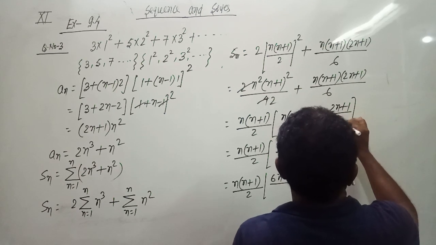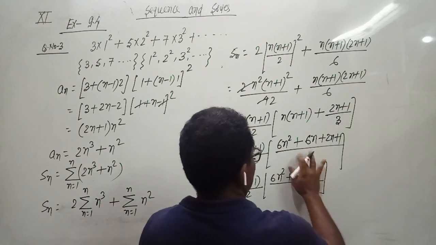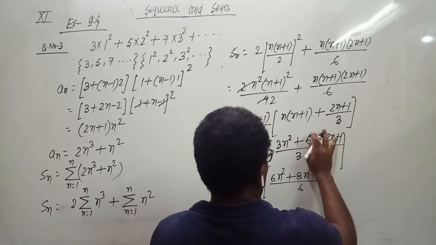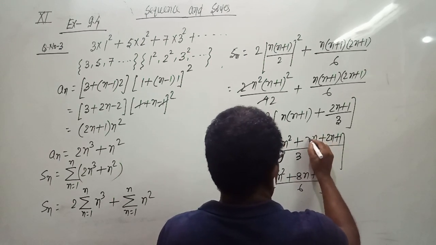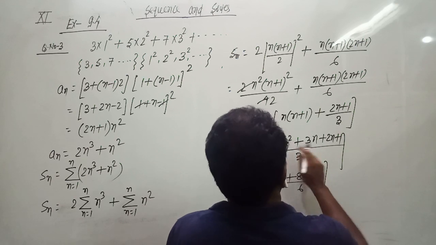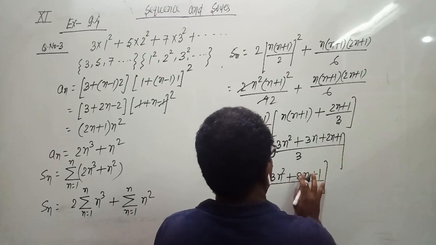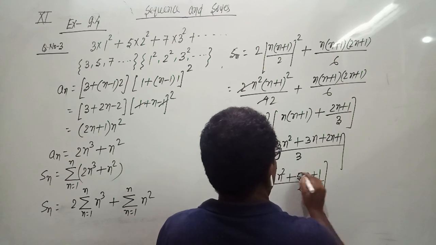So LCM will be 3 and 3n square plus 3n plus 2n plus 1, that is 3n square plus 5n plus 1.